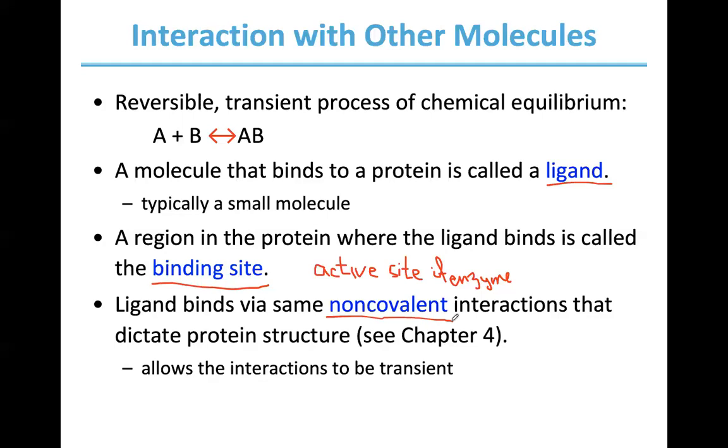So in general, you want these processes to be non-covalent, unless, can you think of a scenario where you do want this process to be covalent? Sometimes you want it to be covalent. And like antibodies?